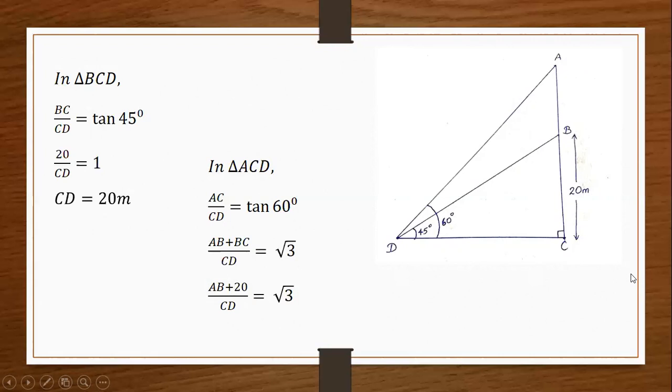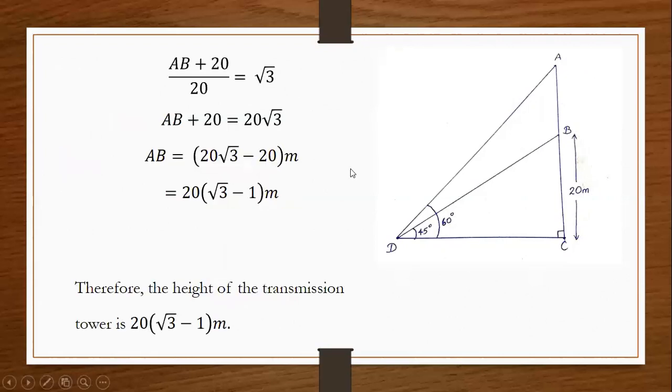So let us substitute for CD also. We will get AB plus 20 by 20 equal to root 3. Taking to the other side and solving, we will get AB is equal to 20 into root 3 minus 1 meters. So therefore, the height of the transmission tower is 20 into root 3 minus 1 meters.